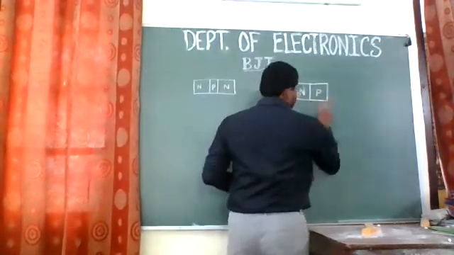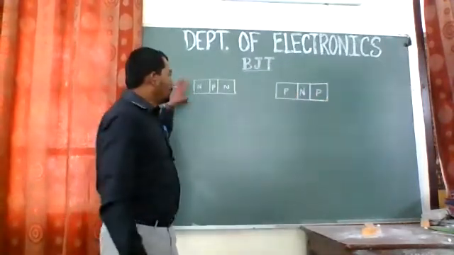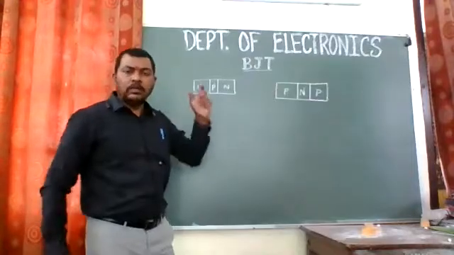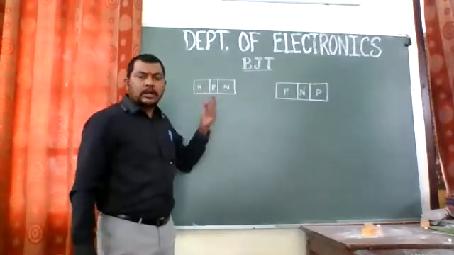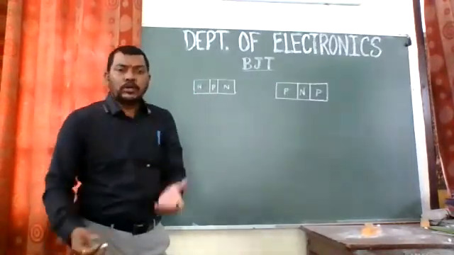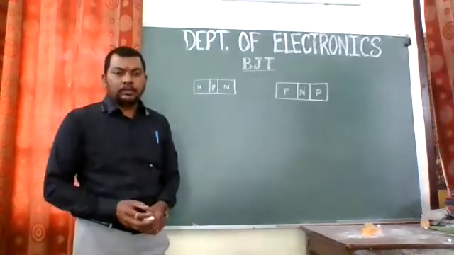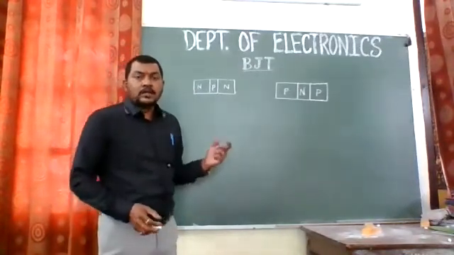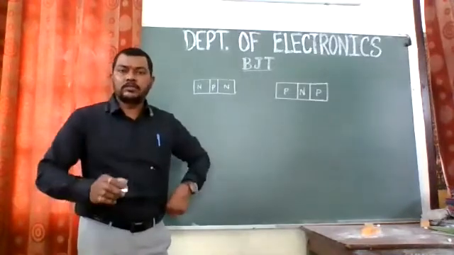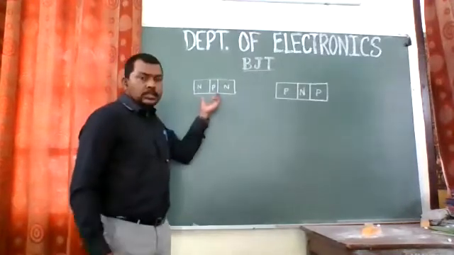So we can have these two structures. When one of the extrinsic semiconductor is sandwiched between the two other type of semiconductor, then that is called a transistor. Why it is called a transistor, we will come to know. So this is the basic.